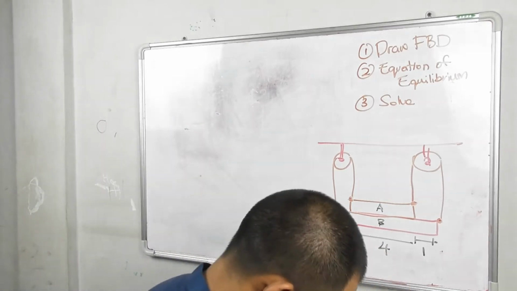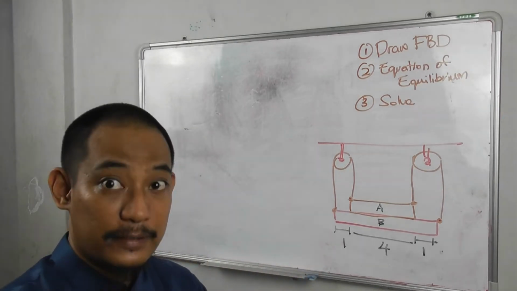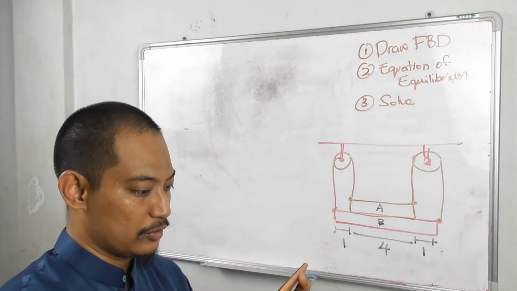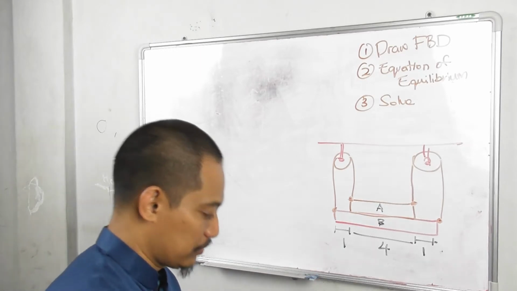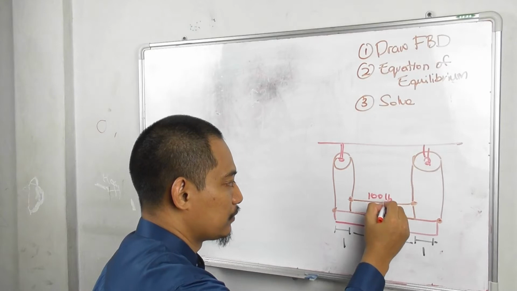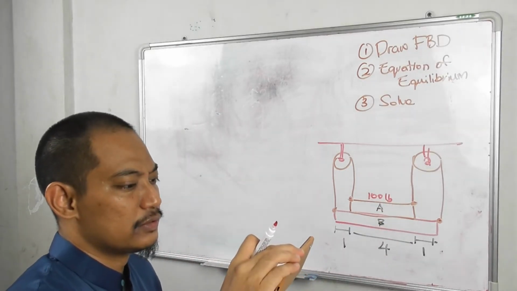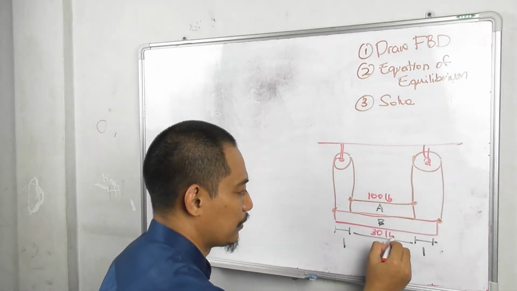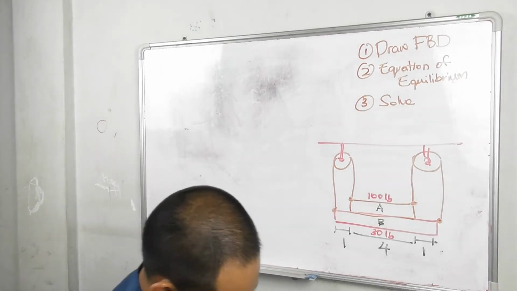So the question again: determine the normal force that plate A, which is 100 pound, exerts on plate B. So this is 100 pound plate A, and this is 30 pound plate B. So what is the normal force?